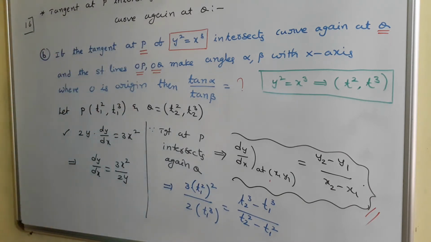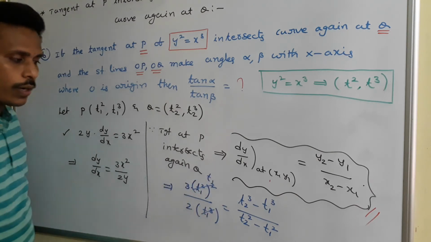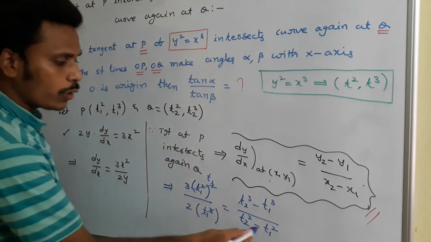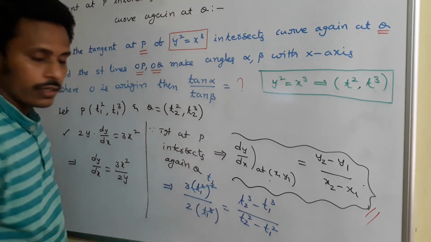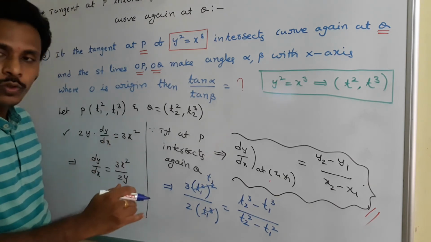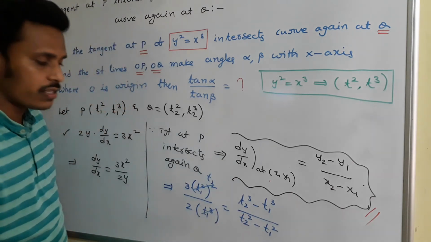Further we need to simplify this. Here t1 power 4 over t1 cube gets cancelled with one t1. And here t2 square minus t1 square is t2 minus t1 into t2 plus t1. From the numerator, t2 minus t1 into t2 square plus t1 t2 plus t1 square. You cancel out one t2 minus t1 on this side.